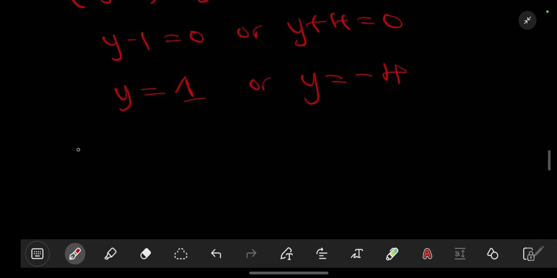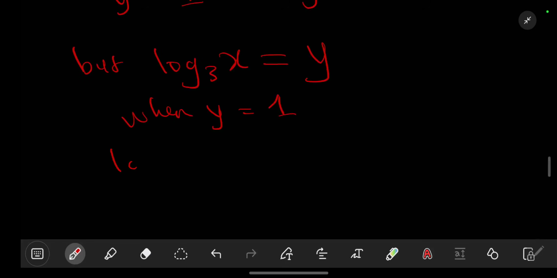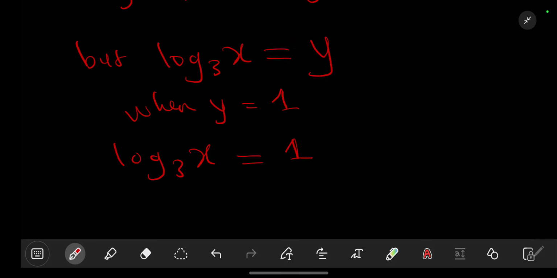Now remember, according to what we made, we said that the log of x base 3 is equal to y like that. So to find the value of x, when y is equal to 1, we are going to have log of x base 3 should be equal to, where there is y, we put 1.